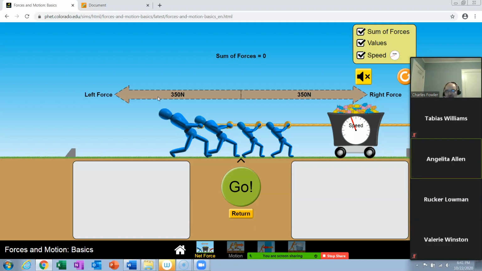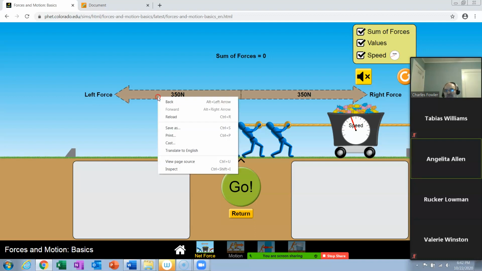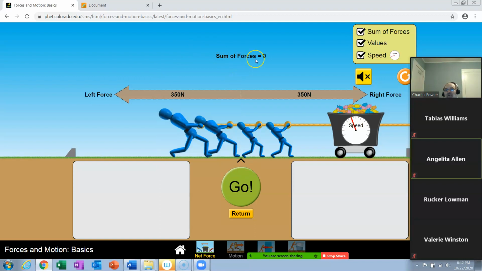Will there be an acceleration? I know there was a speed to the right, but not an acceleration. If there's no net force, there is no acceleration. Newton's second law, F equals ma. If there's no net force, there's zero acceleration. Mass, you know there are masses. We don't know what it is, but they all have masses, so the mass can't be zero.